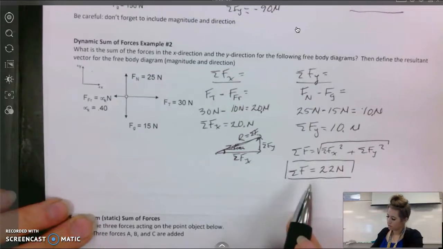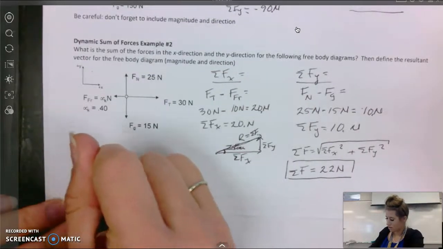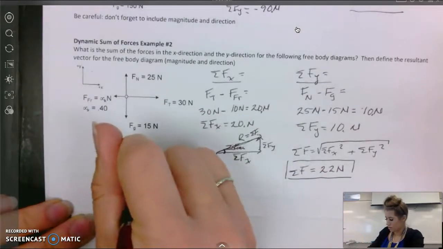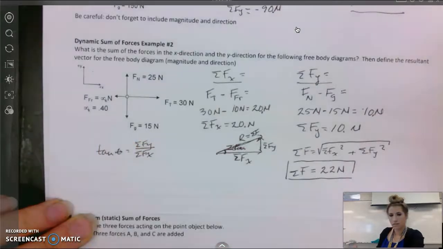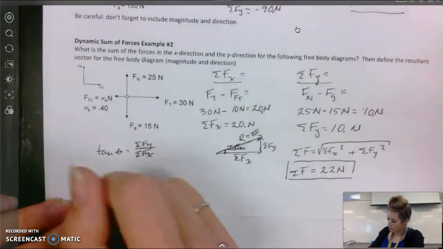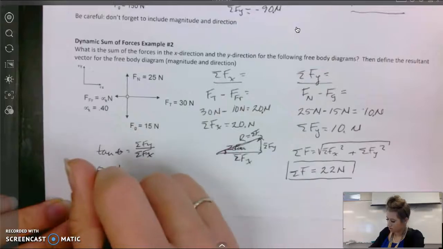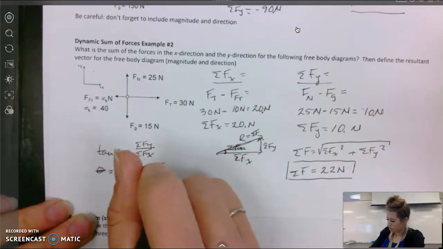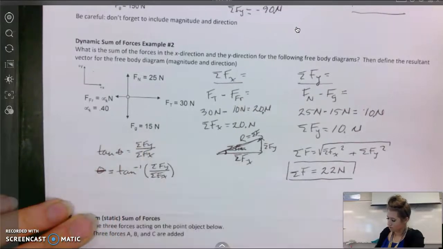So remember that tangent of that theta is going to equal opposite, which is sum of the forces in the y, over adjacent, sum of the forces in the x. Or theta is going to equal tan inverse, sum of the forces in the y over sum of the forces in the x.